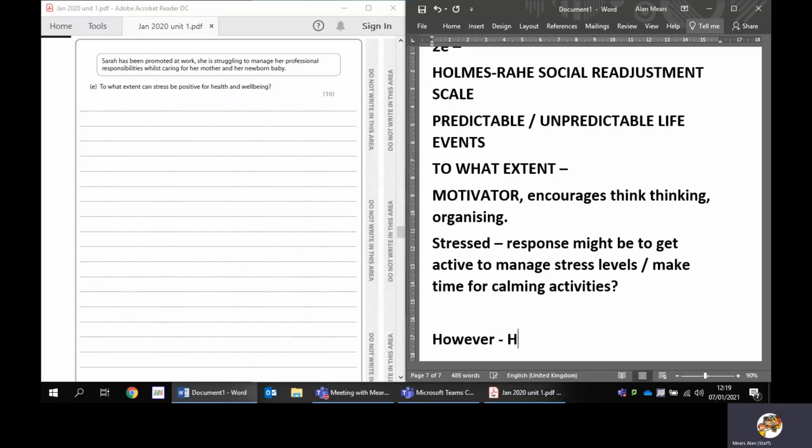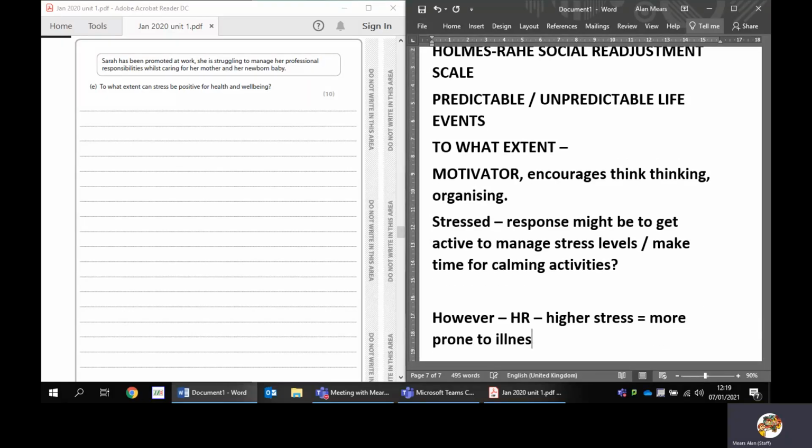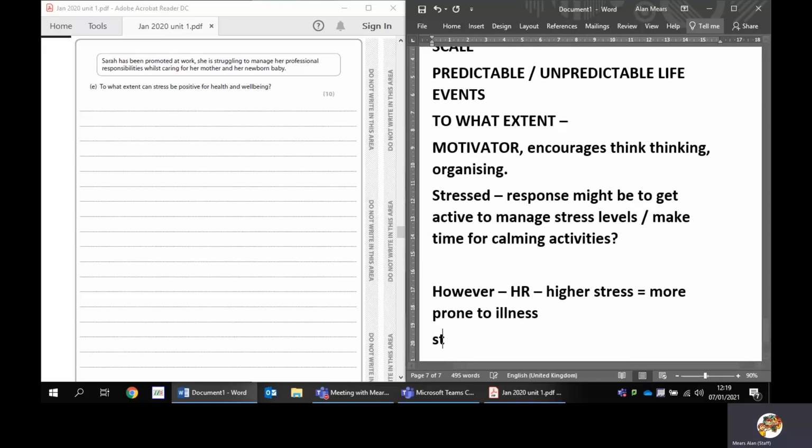we know the Holmes and Rahe social readjustment scale, we'll just put HR, shows that higher stress equals more prone to illness. Stress equals poor health, bad diet, behavioral changes.